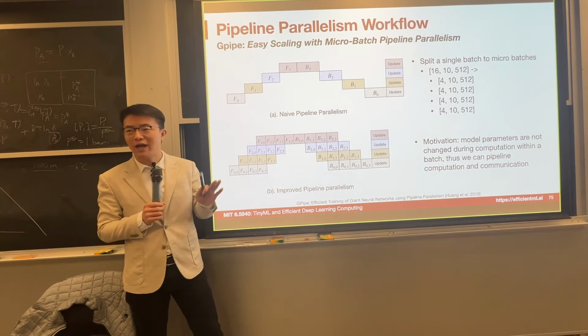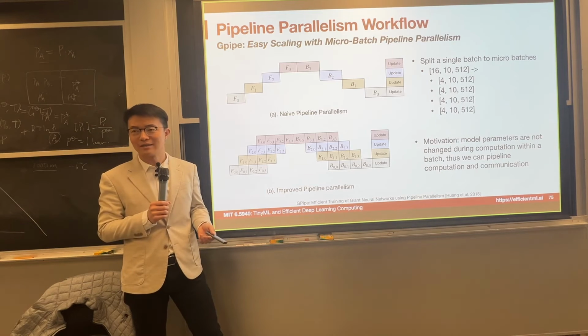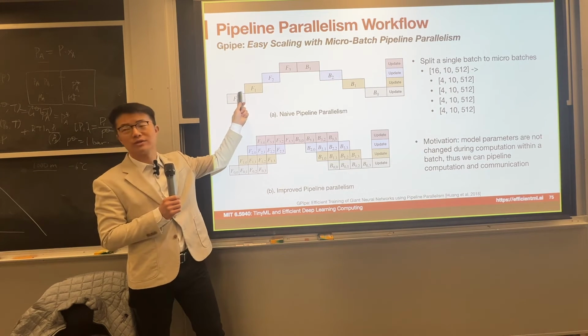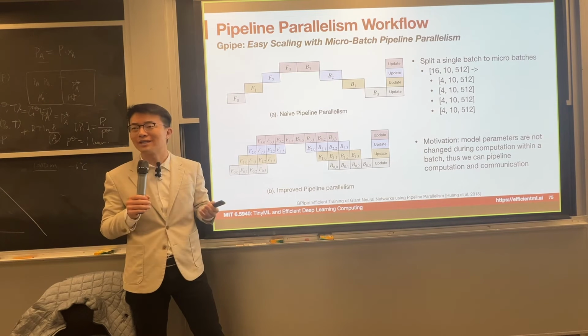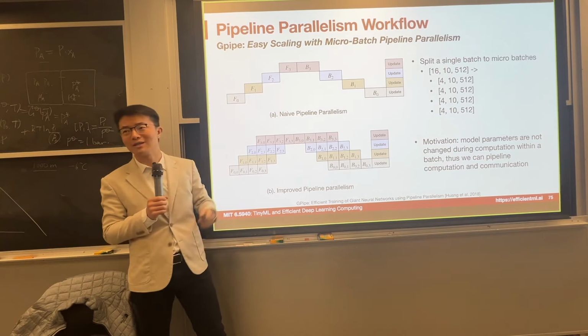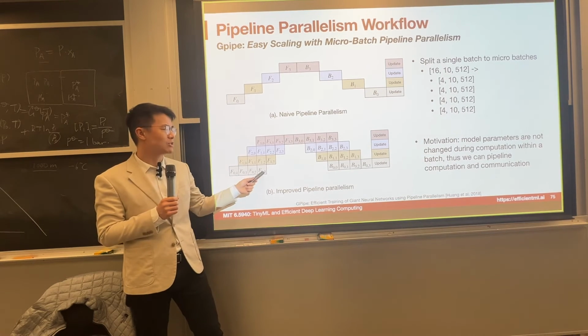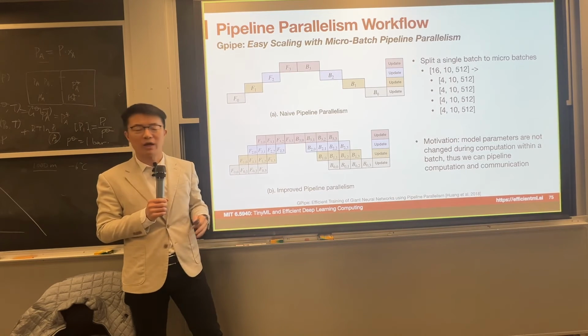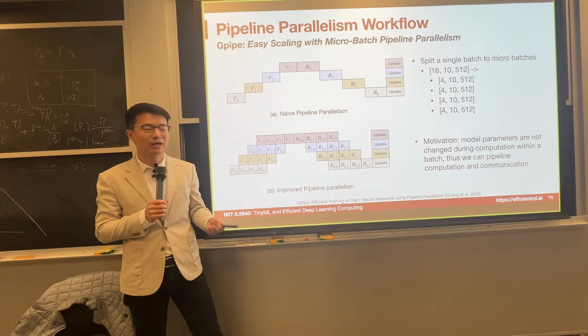So you can overlap GPU 0 and GPU 1 in this case. In the previous case, GPU 0 and GPU 1 operated at completely different times: when GPU 0 is busy, GPU 1 is idle. Now they are overlapped by computing different batches separately rather than everything together.